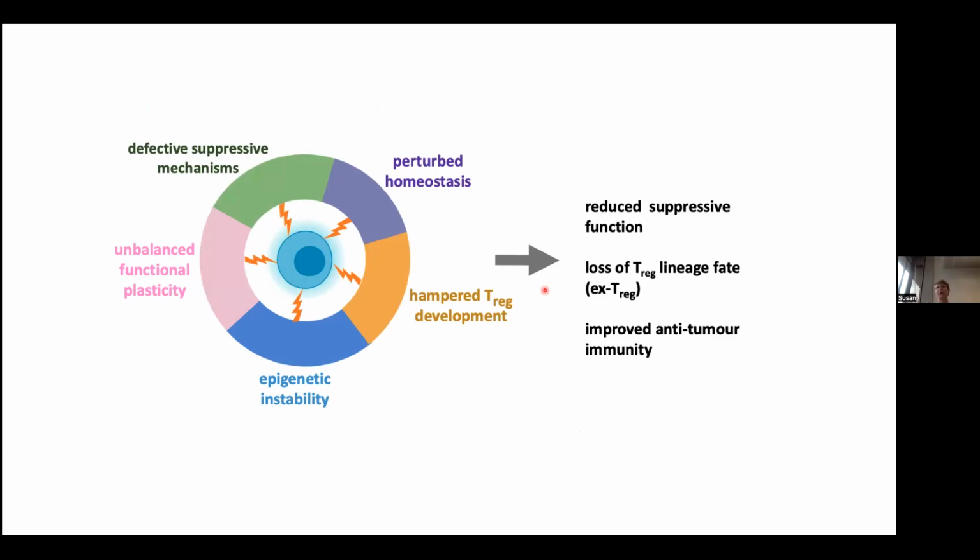That is, it can be defects in immunosuppressive mechanisms. It can be perturbed homeostasis or hampered Treg development. But most importantly, it all comes down to epigenetic instability. If the epigenetic stability of Treg is not intact, then these cells won't be able to maintain their pro-tolerogenic transcriptional profile, epigenetic profile, and their function.